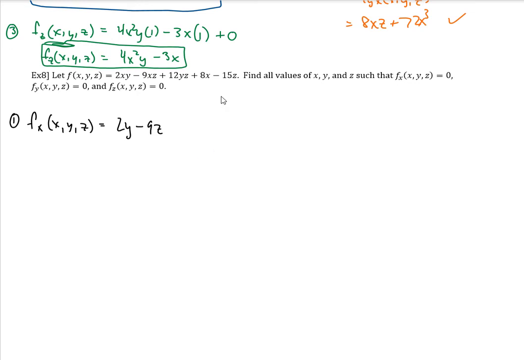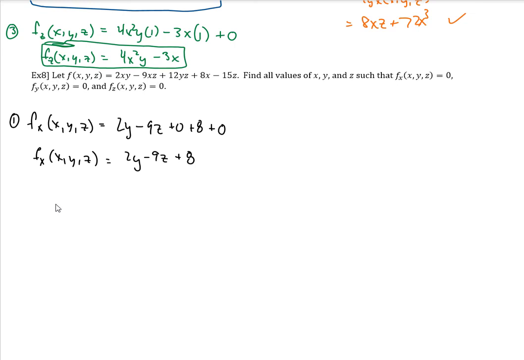And then plus the derivative of this with respect to x is 0. The derivative of this one with respect to x is 8. The derivative of the last one with respect to x is 0. So our first order partial derivative is 2y minus 9z plus 8.